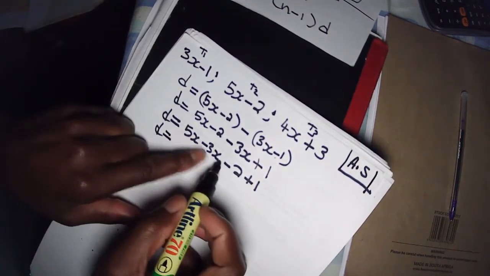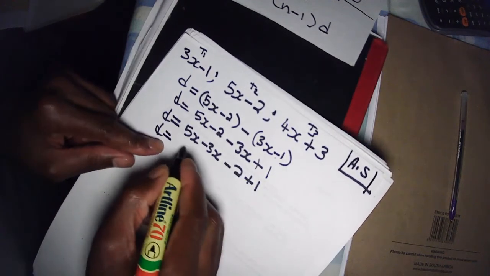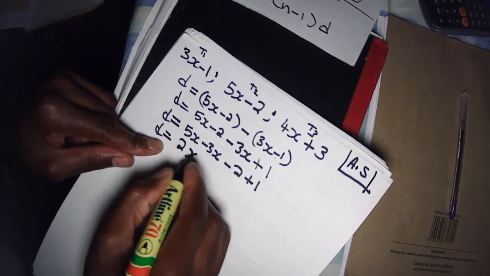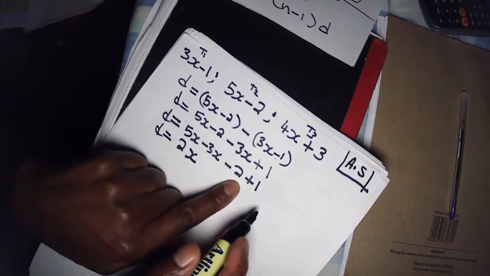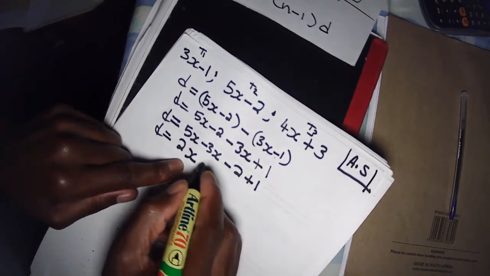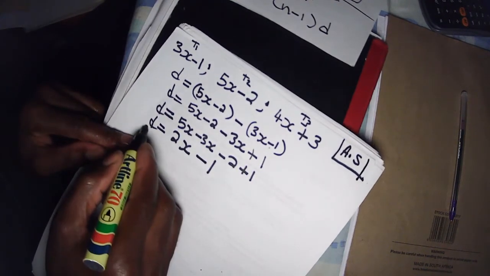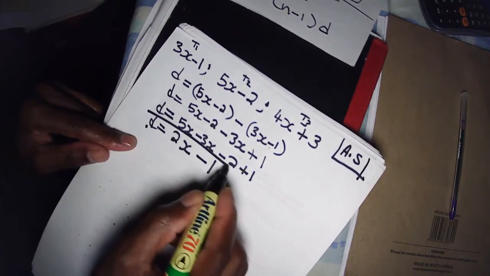So here we have 5x minus 3x, so that is 2x. Negative 2 plus a 1, so it's a negative 1. So this is the common difference.